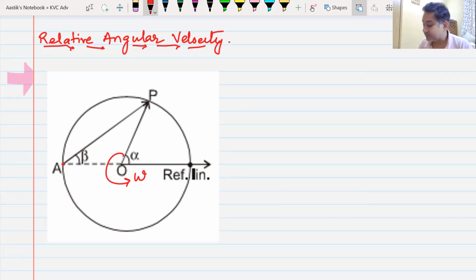How will you find out the relative velocity with respect to omega A? If I call this omega naught, what will be the relation between omega 0 and omega A?